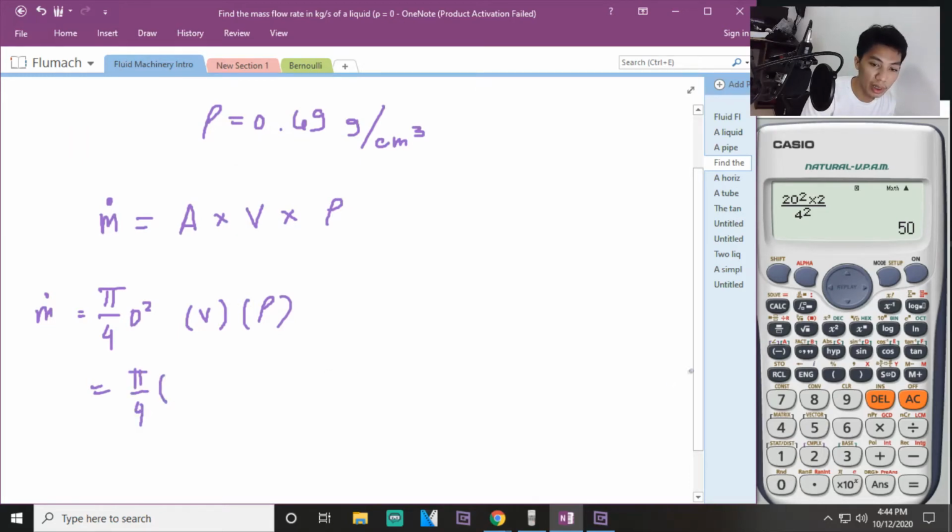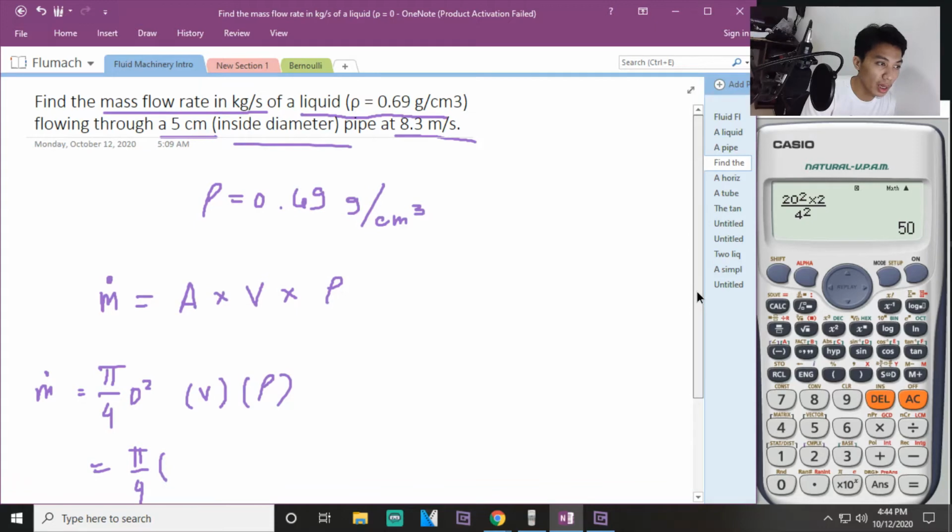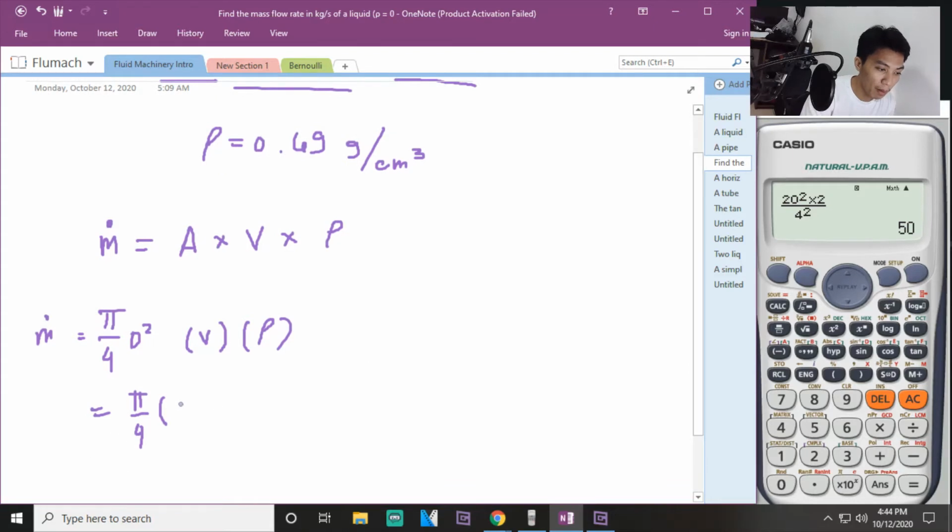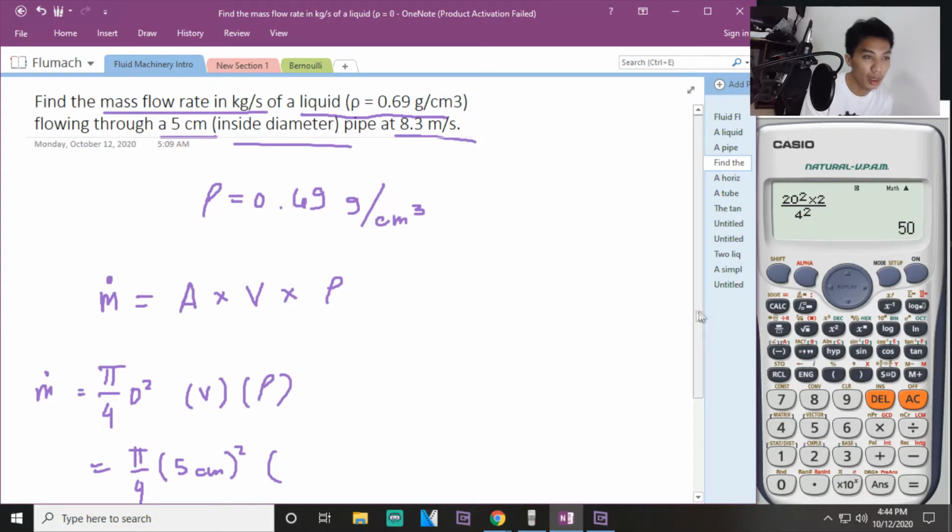Ano yung D? Meron ka dyan. That is 5 cm. 5 squared natin. Multiply by velocity which is 8.3 meter per second.